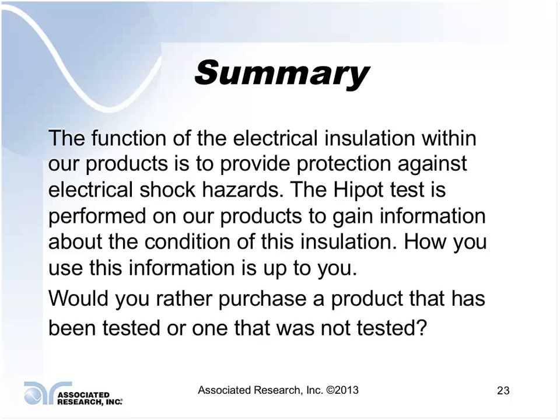The routine production line test is done at a higher potential because it's done at a shorter duration. You may see a 20% increase in test potential: 1,000 volts at 60 seconds versus 1,200 volts for a 1-second test.